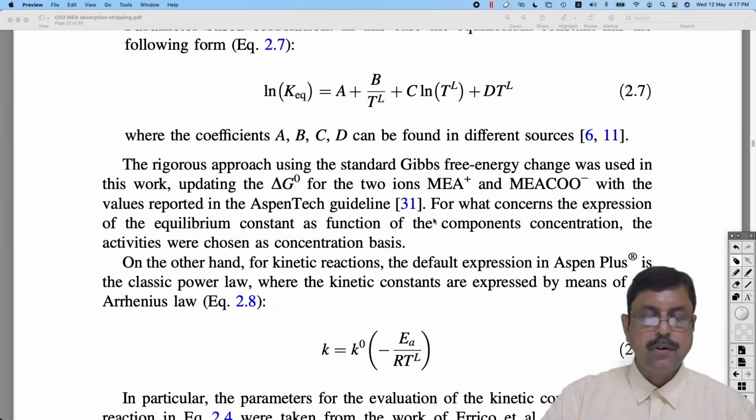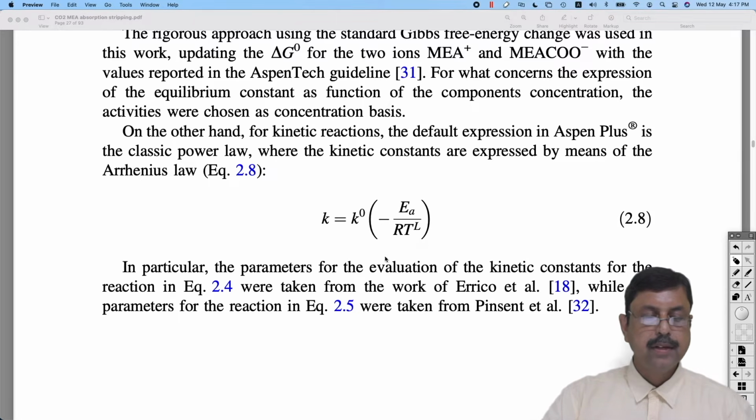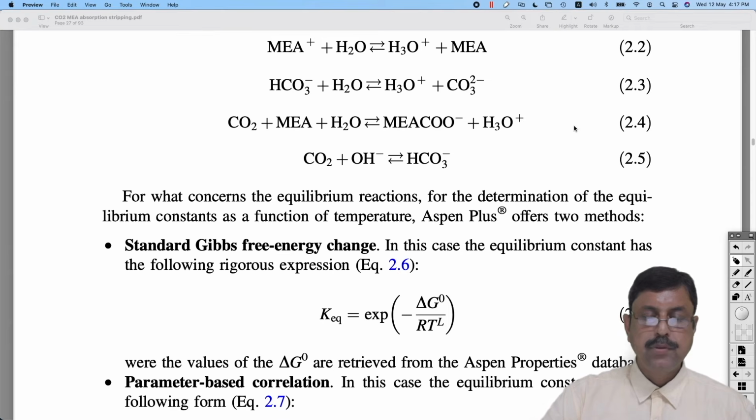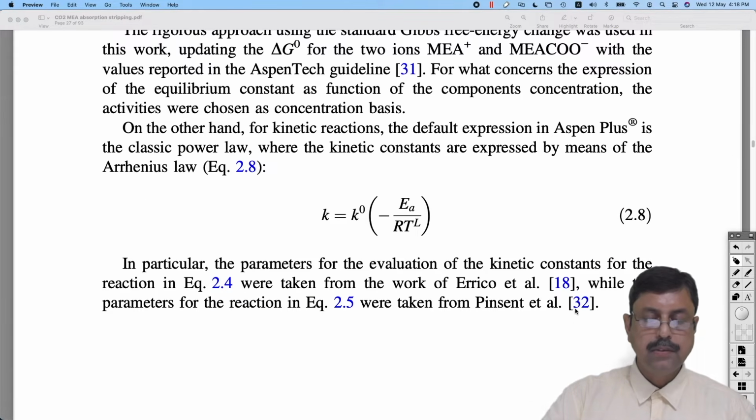They are also obtained from various sources like number 6, number 11. These are references. For instance, the kinetic constants for equations 4 and 5, that is these 2 equations involving CO2, they are obtained from these 2 papers, 18 and 32.